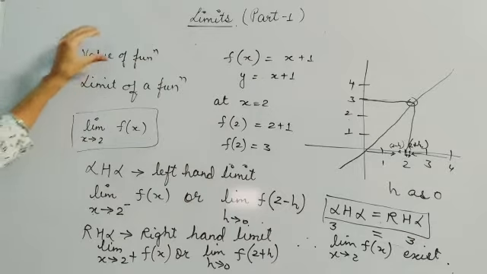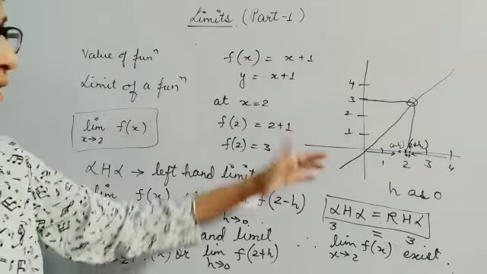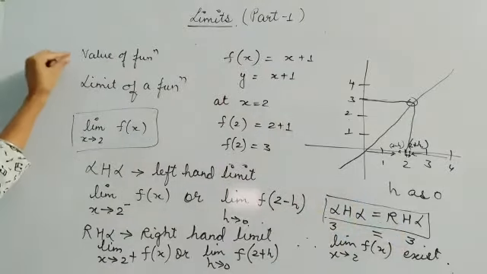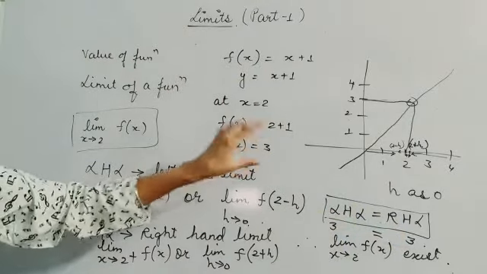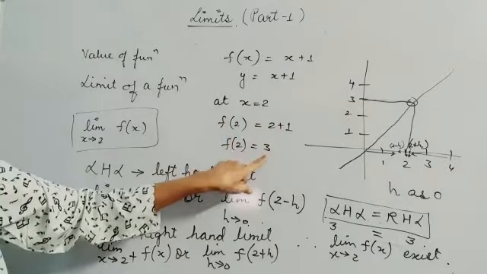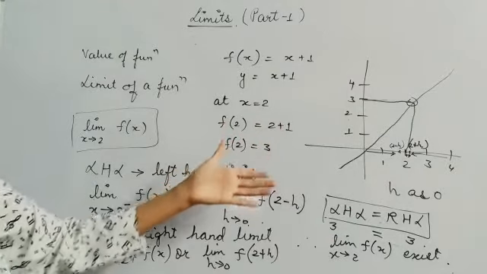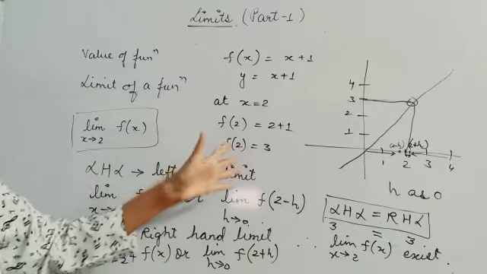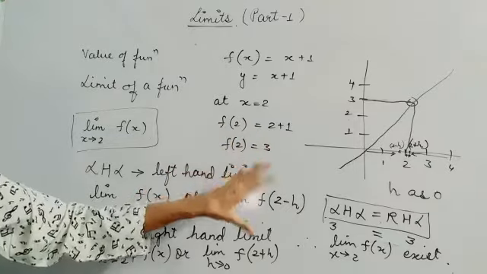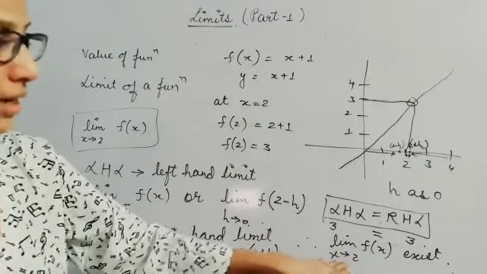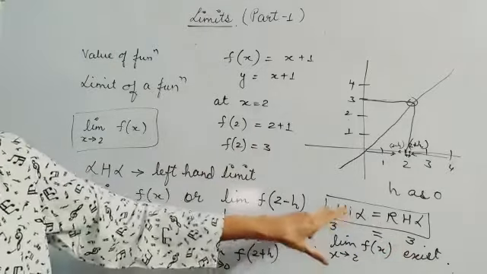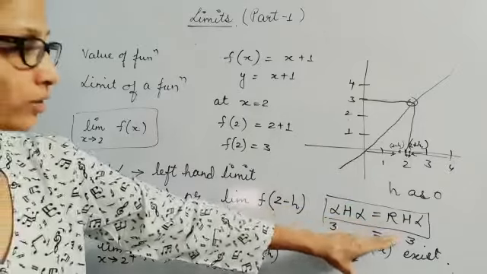Yes, the value of a function can be different. Like I have said LHL equal to RHL, but at x equal to 2, your value may differ. It can come equal also, it may come different also. If it comes different, we don't have to worry; for existence, we need to always see LHL equal to RHL.